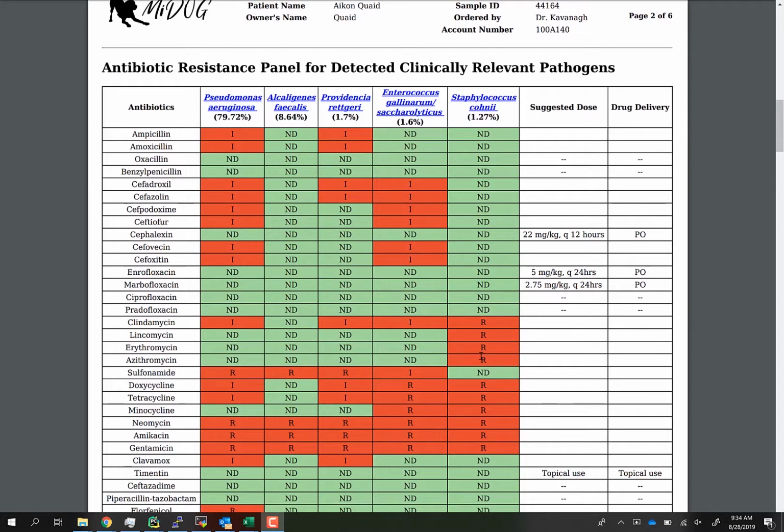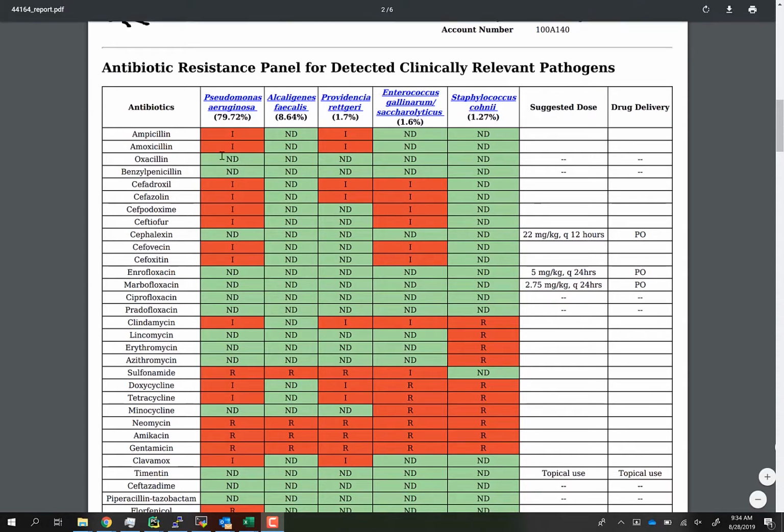The second page lists the different antibiotics and the pathogens horizontally across the top and tells you what genetic resistance or sensitivities there are within each one of these bacteria.